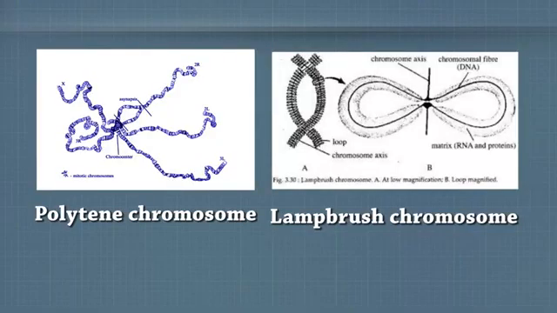Particular types of chromosomes are found only in specific tissues. These chromosomes are more extensive and are called giant chromosomes in plants, and they are found in the suspensor of the embryo.